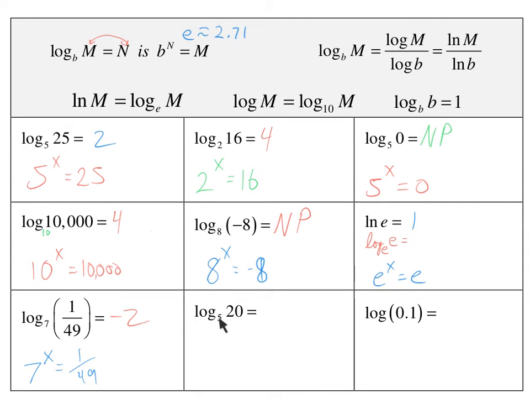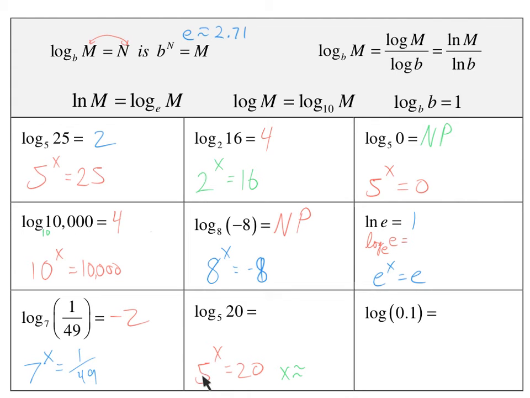Next one: 5 to what power is 20? And about now you should be scratching your head going, that doesn't make sense. That's some decimal. I couldn't figure that out. So what decimal might that be? Well, let's think, what would it be approximately? What's 5 to the first?